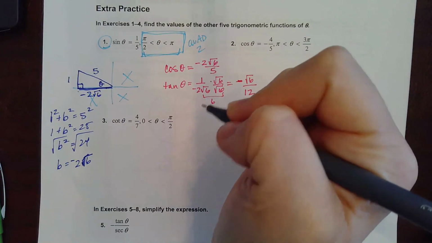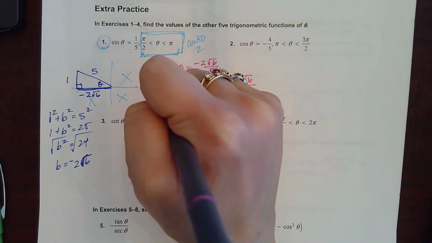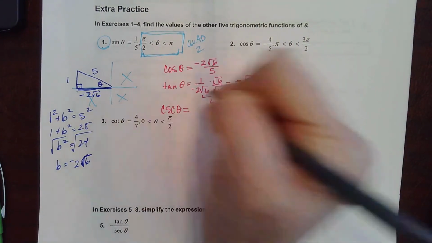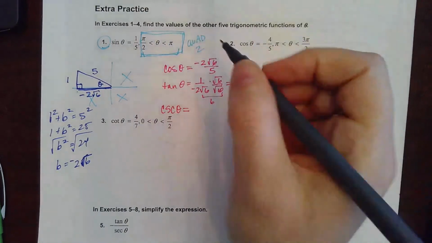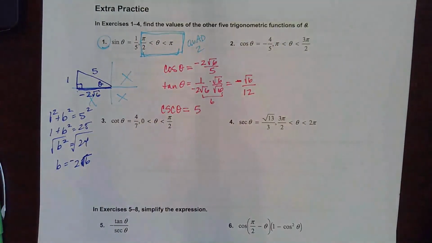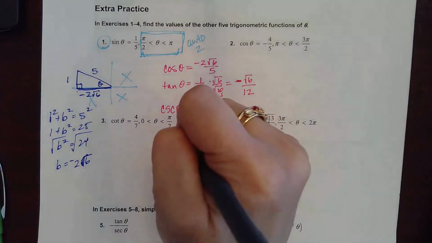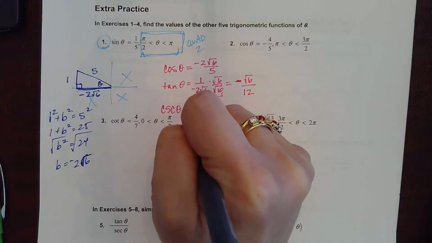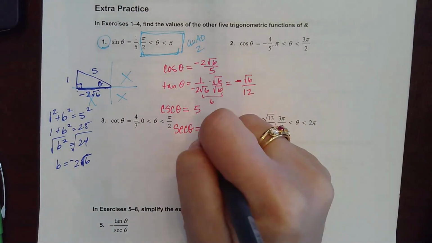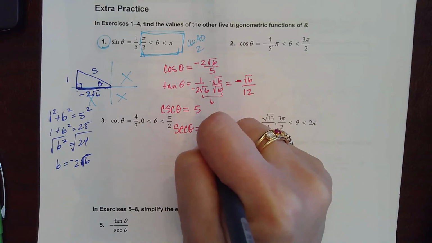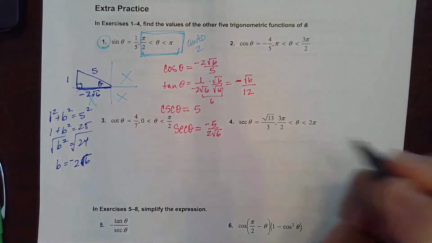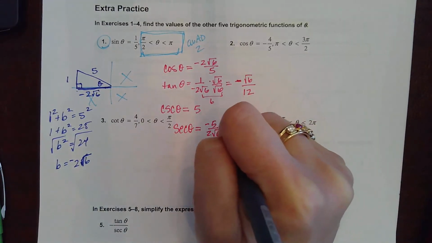Now I'm going to do cosecant, which is the reciprocal of sine. Remember, sine was the one they gave us, so the reciprocal of 1/5 is 5. I'm going to do secant, which is the reciprocal of cosine. So I get negative 5 over 2 root 6. I have to rationalize.